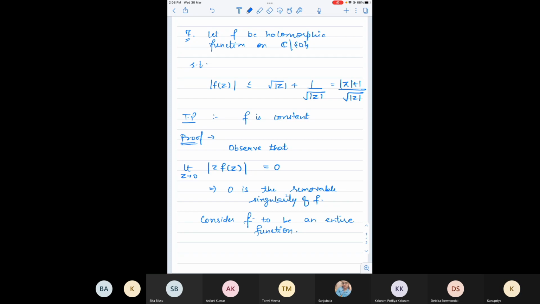Next thing which you should observe is that for any large mod z, say mod z is greater than 100, then you can take a to be 1 by root mod z, which will be less than 1 by 10, which is less than 1.